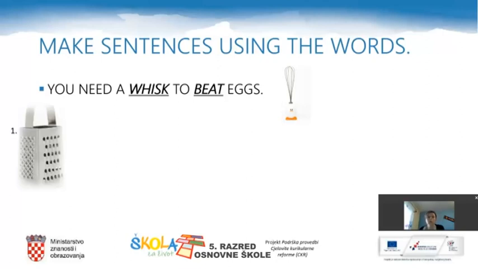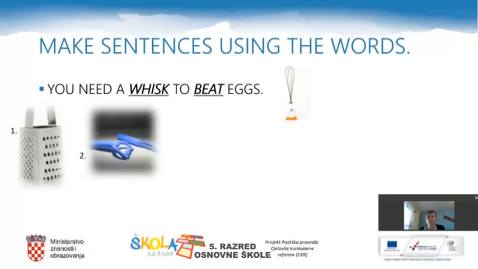You need a grater to grate cheese. Or you need a grater to grate apples. Or chocolate maybe. Take a look at picture number 2. It's a peeler. Can you use it in a sentence? You need a peeler to peel potatoes or apples.